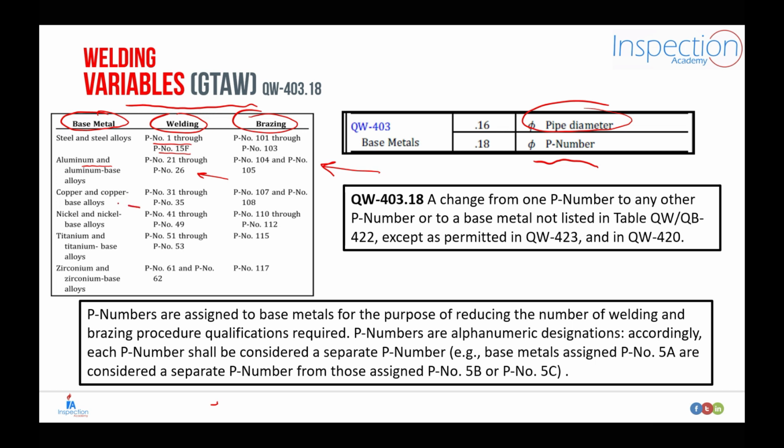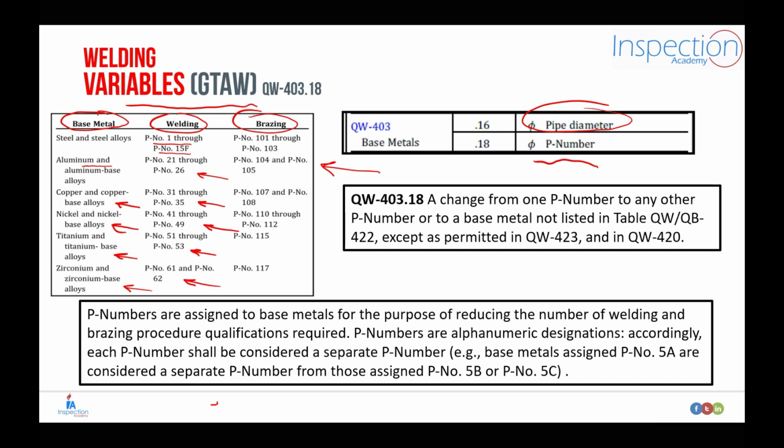For copper and copper base alloys, P number 31 through 35. For nickel and nickel alloys, P number 41 through 49. For titanium and titanium base alloys, P number 51 through 53. And for zirconium and zirconium base alloys, P number 61 and 62.